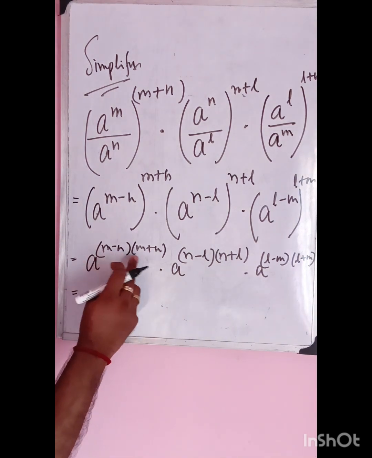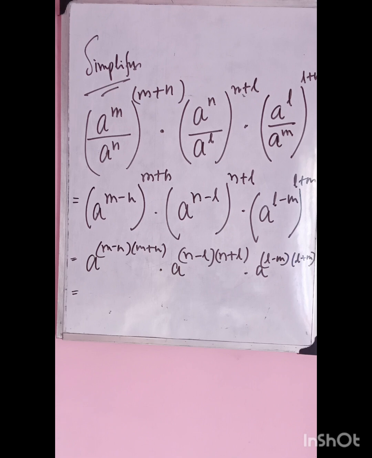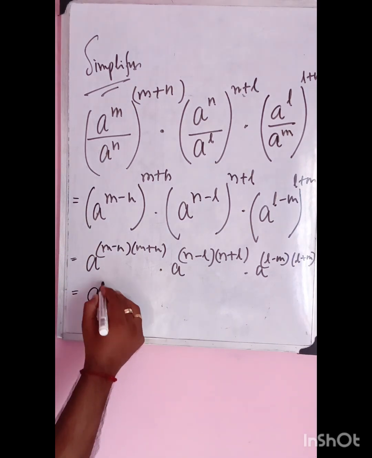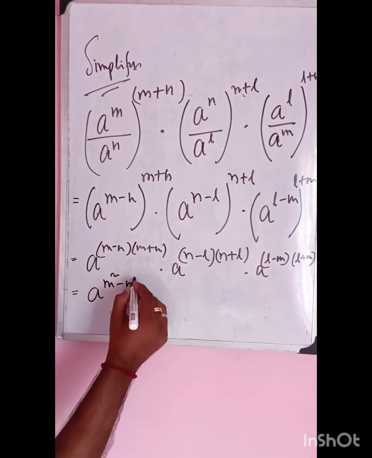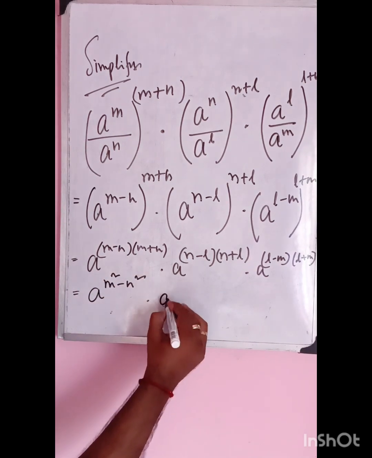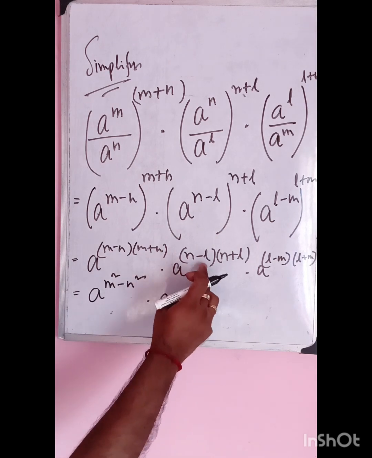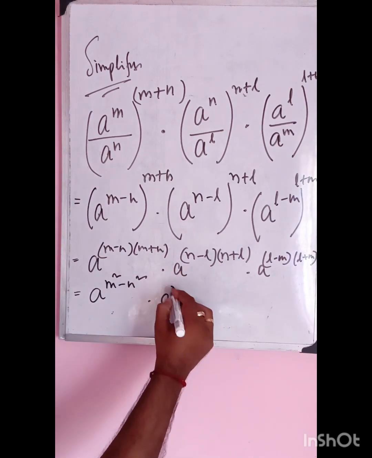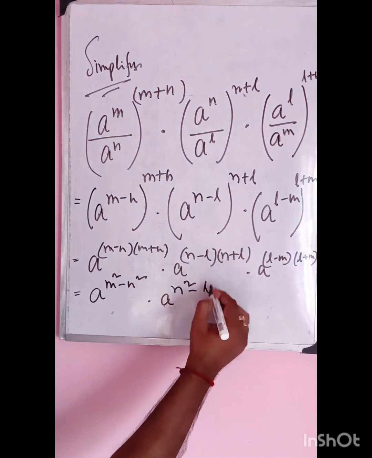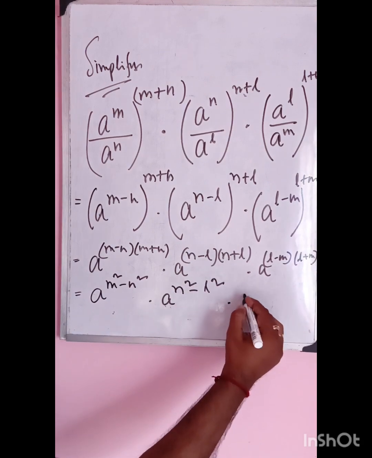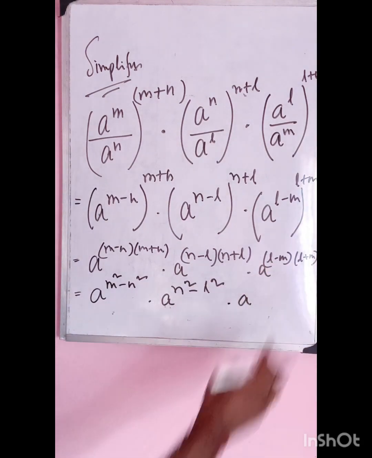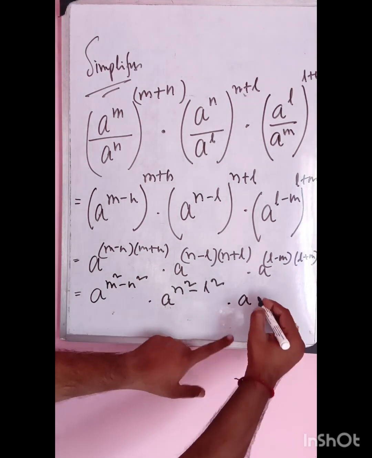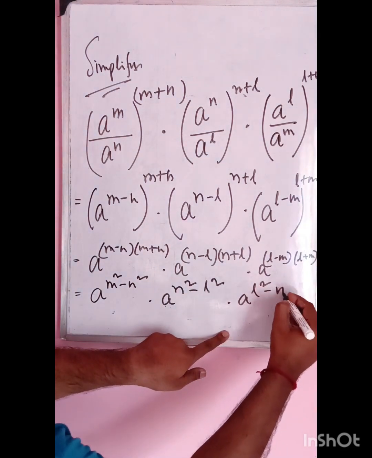m minus n into m plus n is m square minus n square. So a to the power (m square minus n square) into a to the power (n square minus l square) into a to the power (l square minus m square).